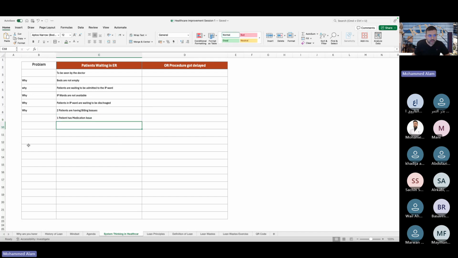So that's the reason these three beds, for example, in this case, which we could have made available to the ER patients, are not made available, because we have two patients with billing issues and one patient with a medication issue. Now, another why. Let's say for billing issues, why are those people having billing issues? Because the system did not capture the right charges.